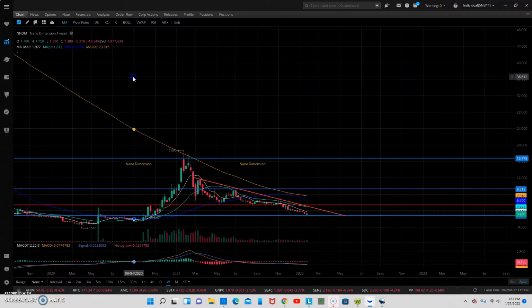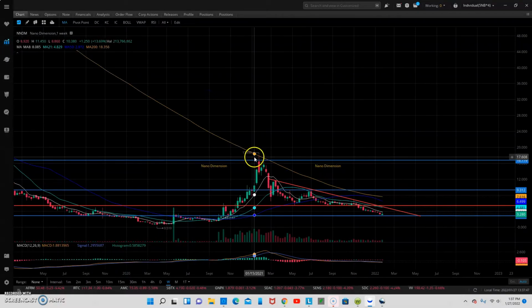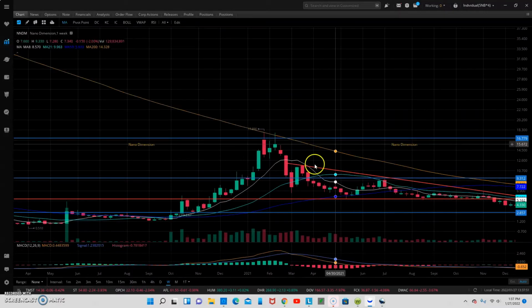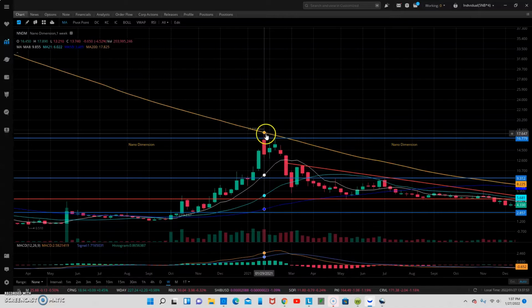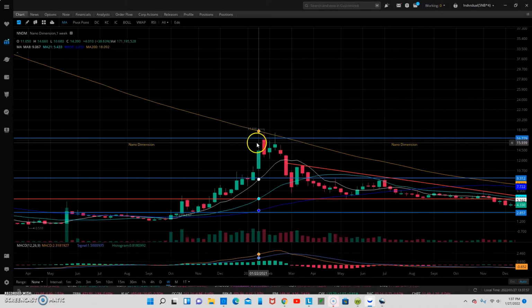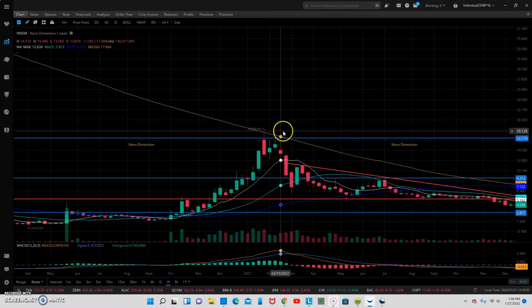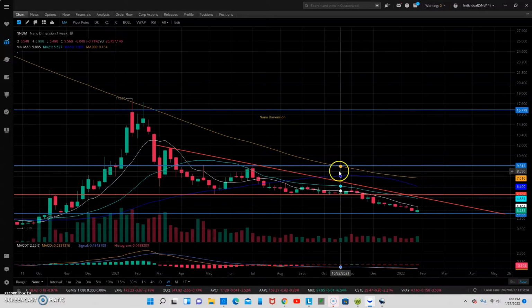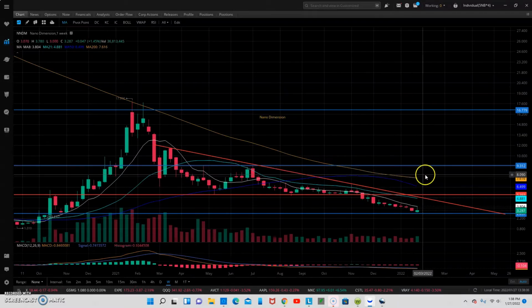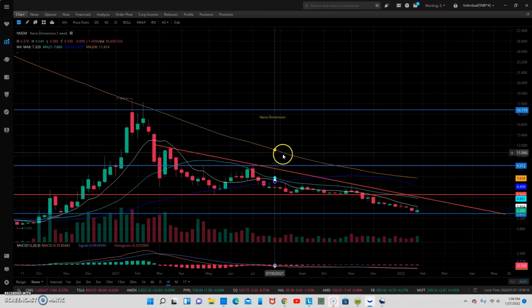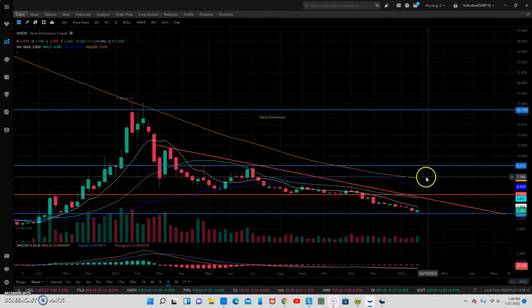It acted as resistance when we hit that all-time high right there. We ran right into that 200-day moving average. So if we do get back up to it, that will be the resistance to watch out for.